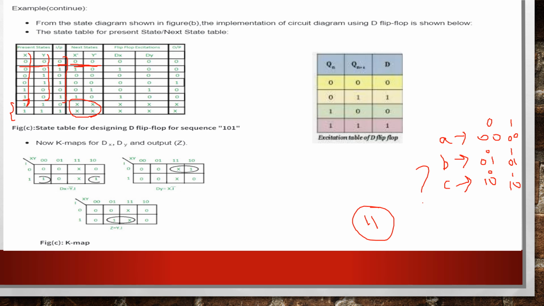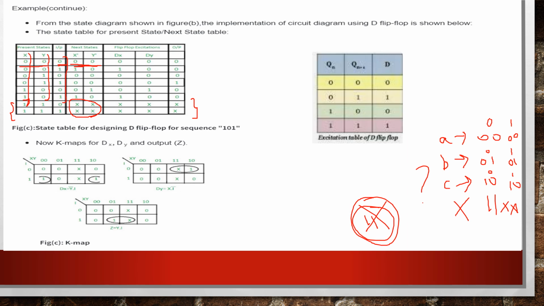We have to take it this way because the variables A, B, C have the 0, 0, 0, 1, 1, 0 combinations, and the possible combination for these two bits, the last one, 1, 1, is not defined in the state diagram. Hence, we are taking it to be XX throughout the table.